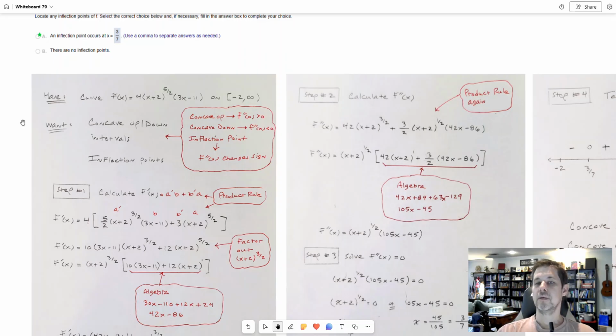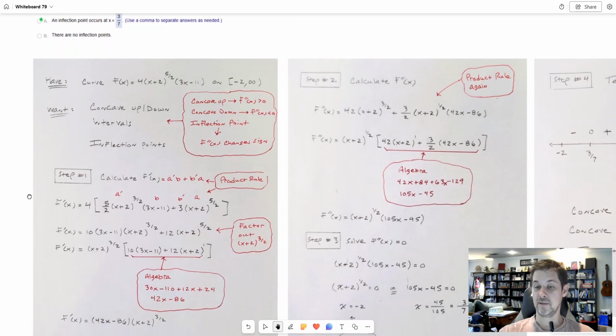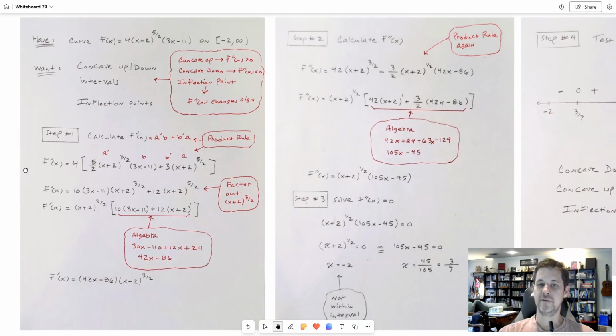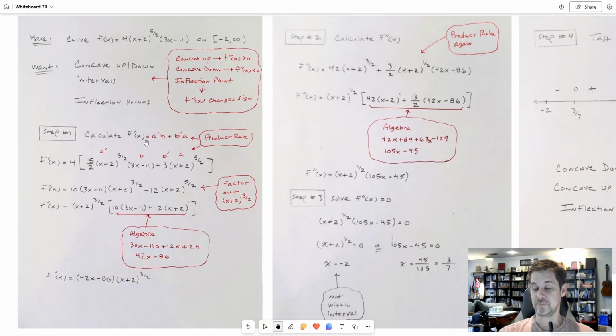Now, to answer this, since finding these things involves the second derivative, we'll have to find the second derivative and work on that. And in order to find the second derivative, we'll need to find the first derivative. So I've got this function. I want to find f prime, the first derivative. The way I look at it is we'll need to use the product rule.